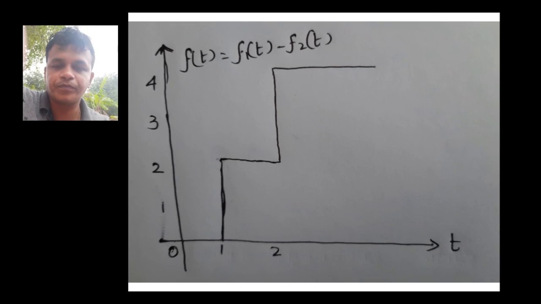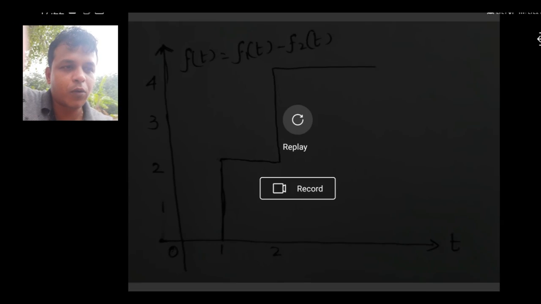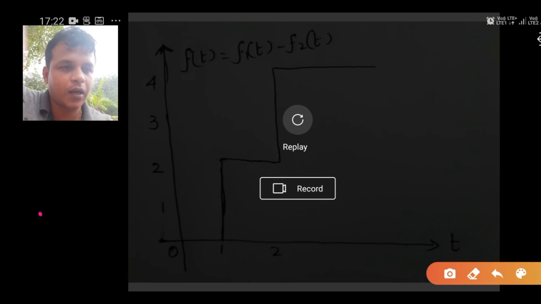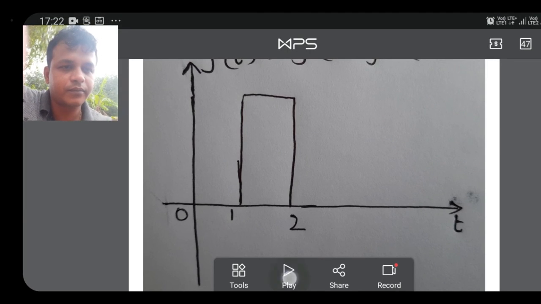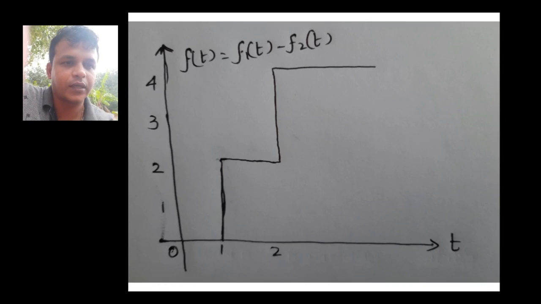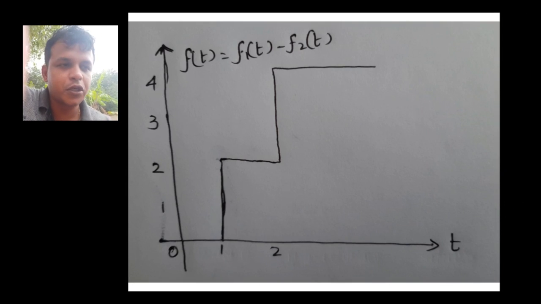Now the next part, we have to perform f1 of t minus f2 of t. From t equal to 0 to 1, f1 of t is 0 and f2 of t is also 0, so 0 minus 0 is 0.